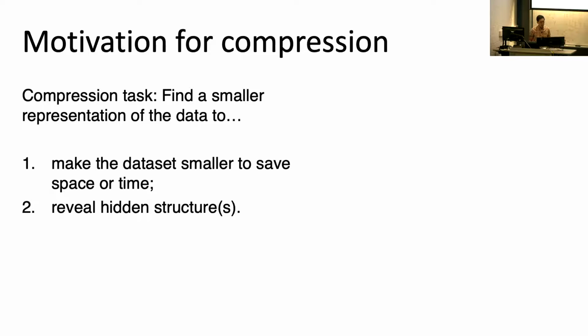Another way to think about compression is: if something is compressible, then there is some underlying structure there that you can exploit in order to use essentially fewer bits to represent it.